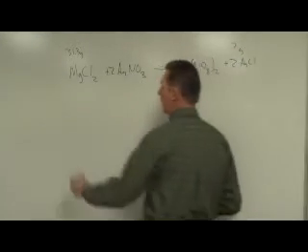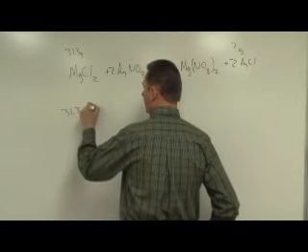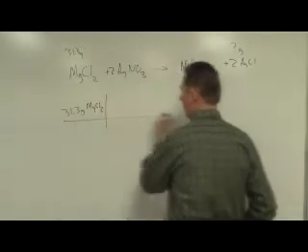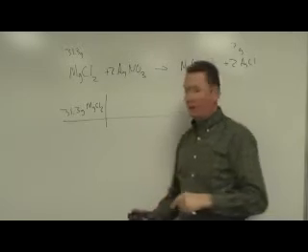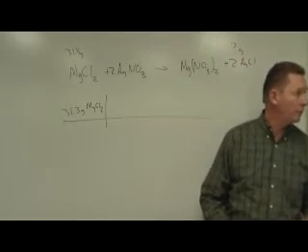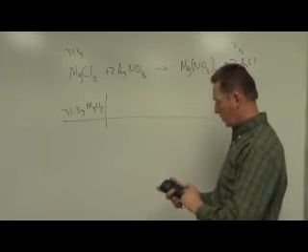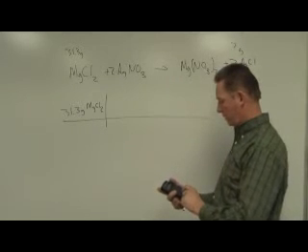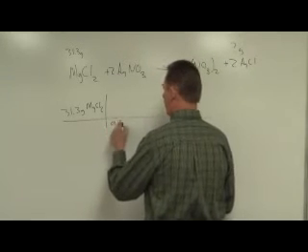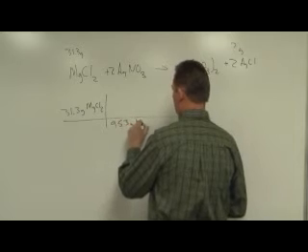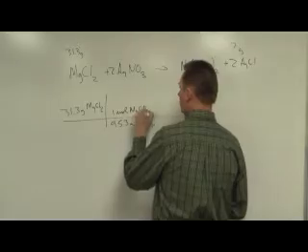The process is the same. We take 31.3 grams MgCl2. We go to the periodic table and we assemble our masses of magnesium chloride. From the periodic table we have 24.3 grams plus 35.5 grams twice, which is 71 grams, for a molar mass of 95.3 grams of MgCl2 per mole of MgCl2.